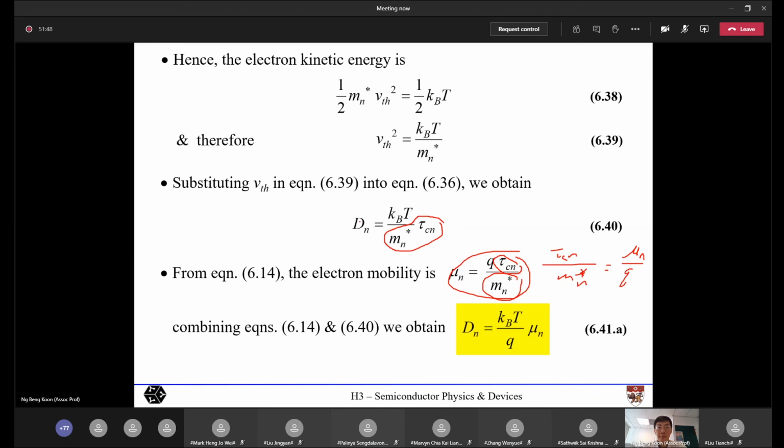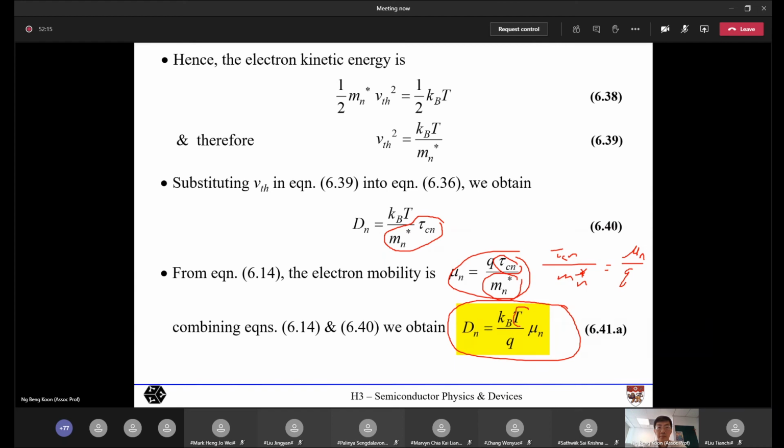Okay, so if we replace the tau Cn over effective mass with mobility over q, then it reduces to this simpler form, which says that the diffusion coefficient of electron is given by kBT over q multiplied by the mobility of electron. Okay, so these two are actually related by this temperature term here.